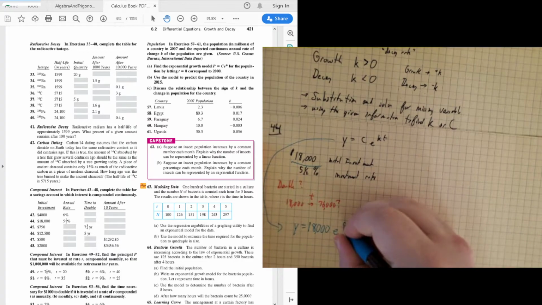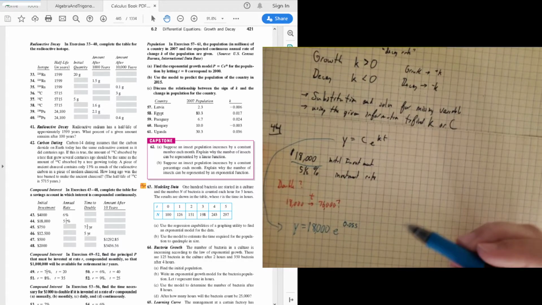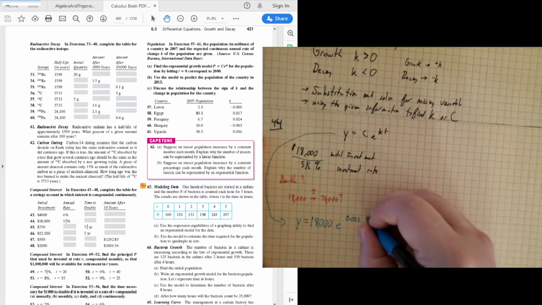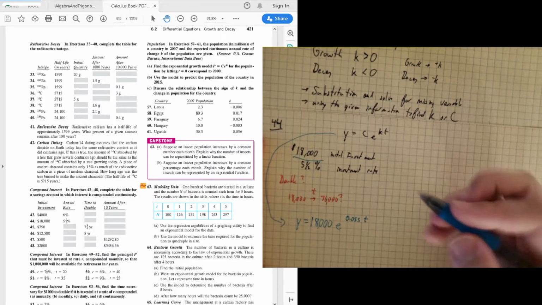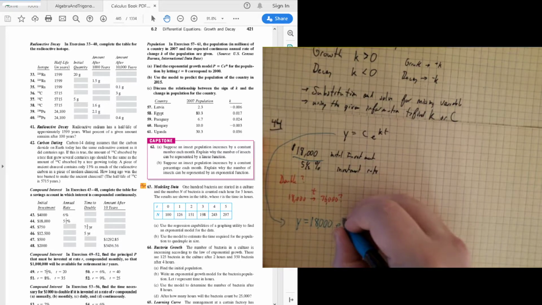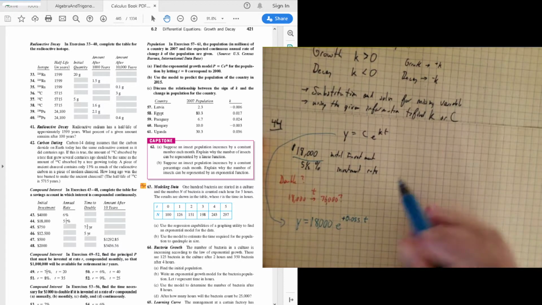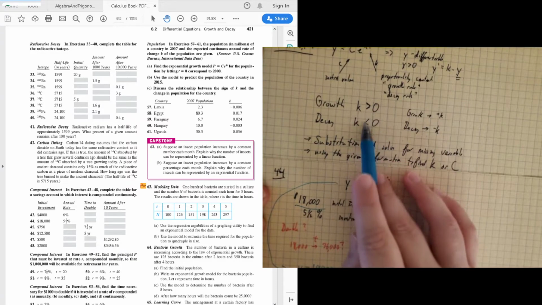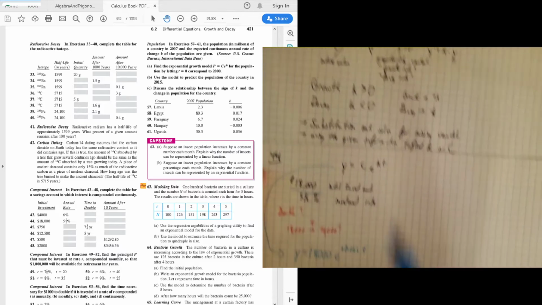So I have to make sure to write that percentage as a decimal, because I cannot have a percentage in my formula. I have to have a decimal in my formula. And then t is how much time is going to pass. Now, is this a positive or a negative? Well, this is an investment, which means it's going to be growing over time, which means this should be a positive number. So keep that in mind. Remember, growth is going to be a positive k, decay is going to be a negative k. You have to indicate which one in order to go forward.